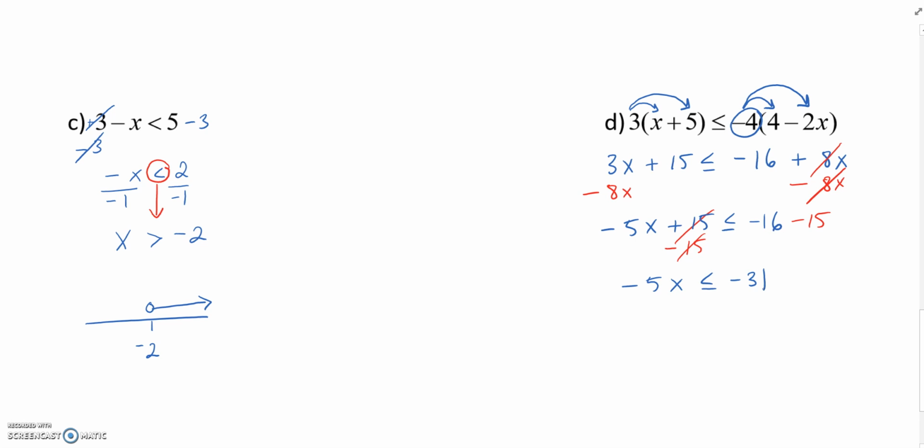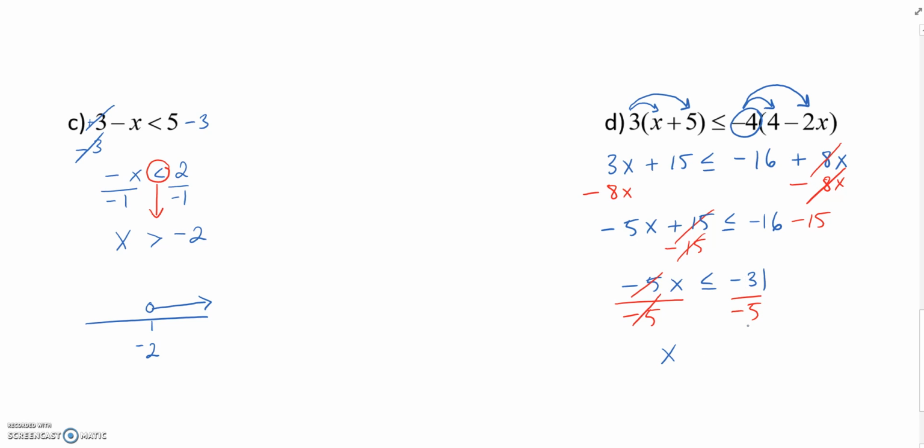At this point, I only have one final step to take, and that would be to get rid of the negative 5x, well, not the x, but the negative 5. Opposite operation here would be to divide by a negative 5 from both sides. That gives me a 1x, which is what I want, that x isolated.